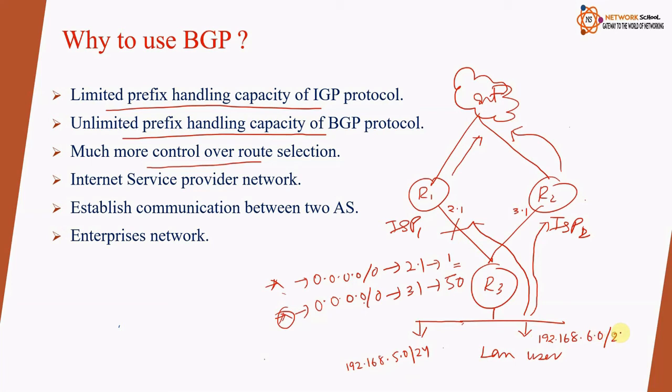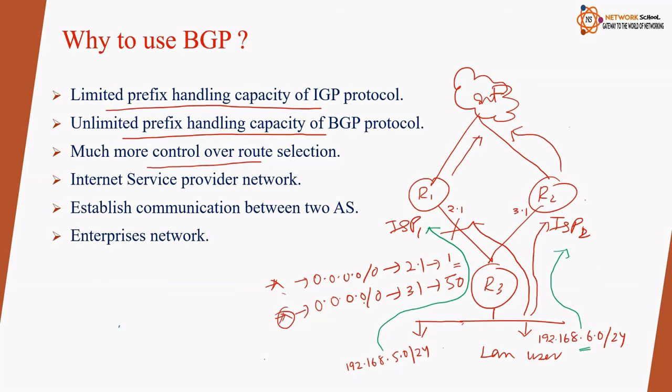We want that when traffic initiates from this subnet, it should go via ISP1, and when traffic initiates from the other subnet, it should go via ISP2. Do you think this is possible with the help of default routing? No, this is not possible. We cannot achieve this kind of manipulation through static routing.